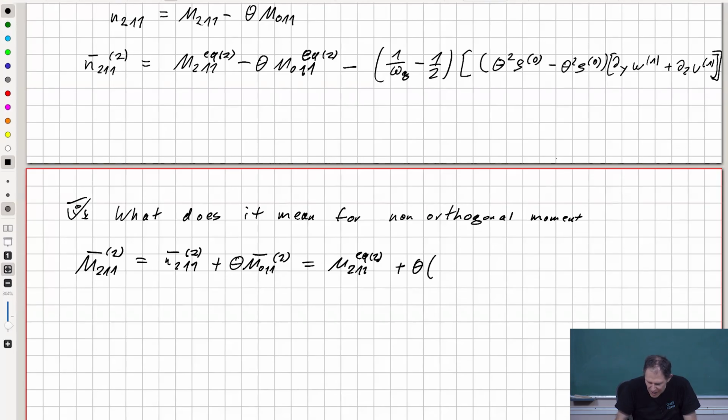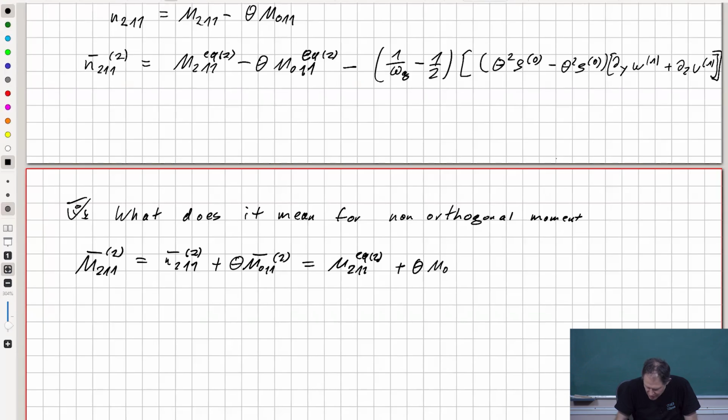So here there's nothing else than the equilibrium itself. I've been missing something here.